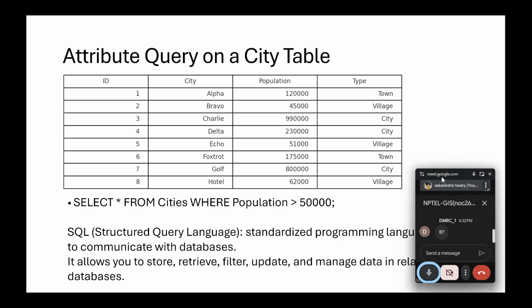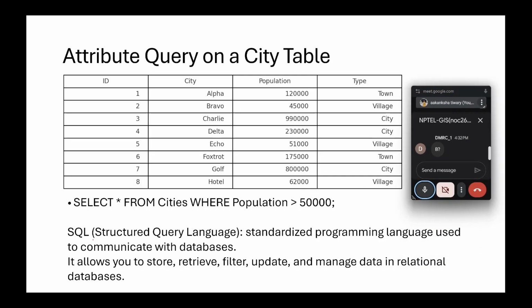So can anybody tell which cities, or how many cities, are going to get selected if we use this attribute query where population is greater than 50,000? So this will get selected, right?